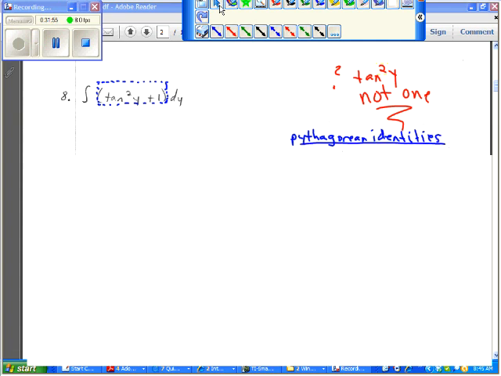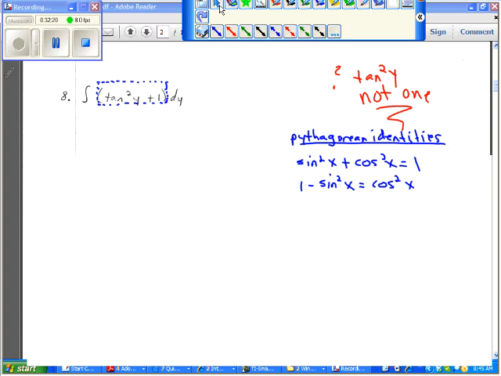I was jumping back into geometry class with the 3, 4, 5 and the 5, 12, 13. The most basic identity we know is that sine square x plus cosine square x is equal to 1, right? And we can rewrite that as 1 minus sine square x equals cosine square x. There's a lot of different forms, okay?